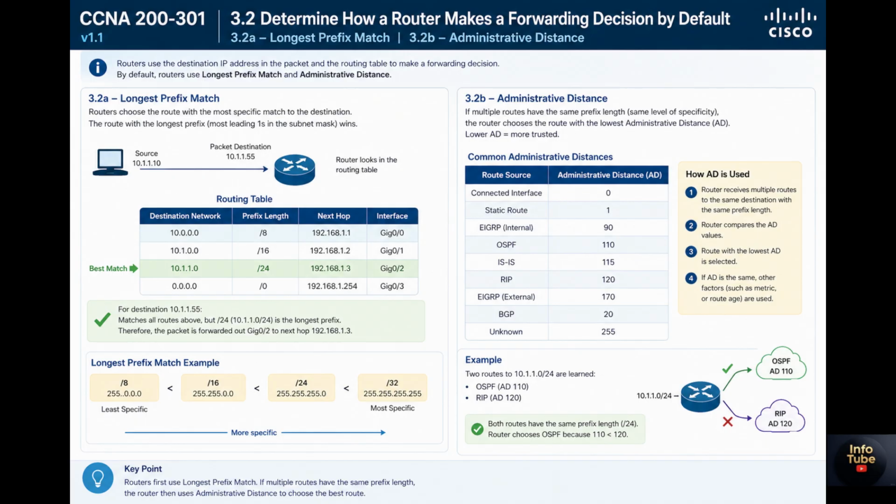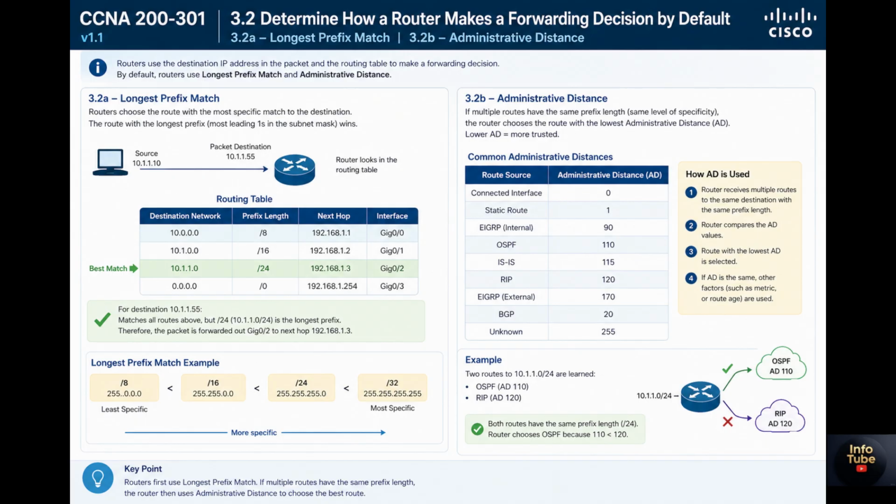3.2b. Administrative distance, the second filter. If the router finds two or more paths with the exact same prefix length, for example, two different ways to get to a 1.0/24 network, it moves to the second filter, administrative distance, AD. As we discussed before, AD is about trust.